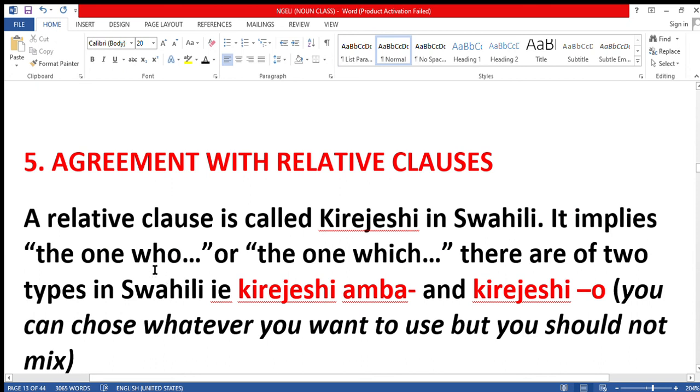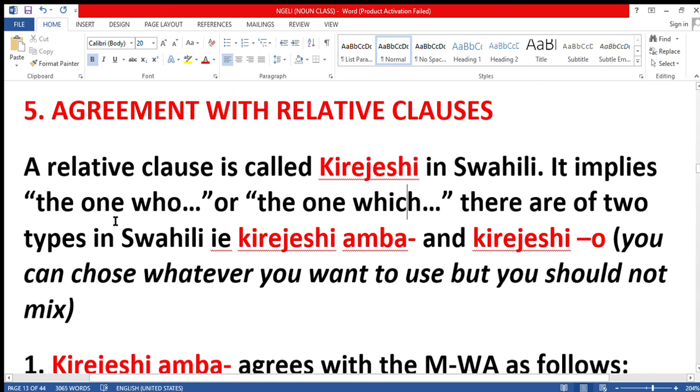Agreement with relative clauses. You know, relative clauses. Relative clauses is called Kirijeshi. You know Kirijeshi? I need to underline this one. A relative clause is called Kirijeshi in Swahili.